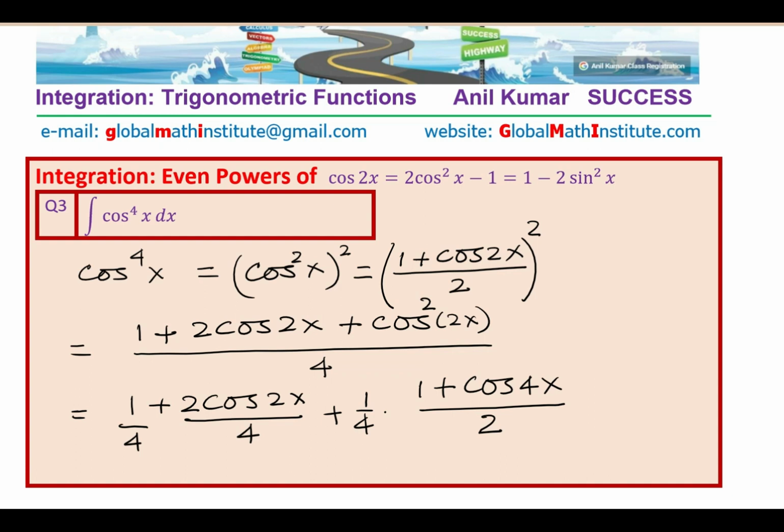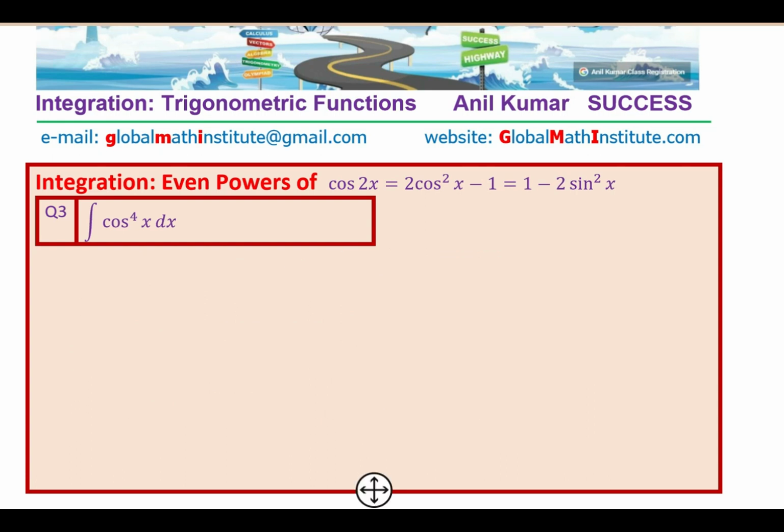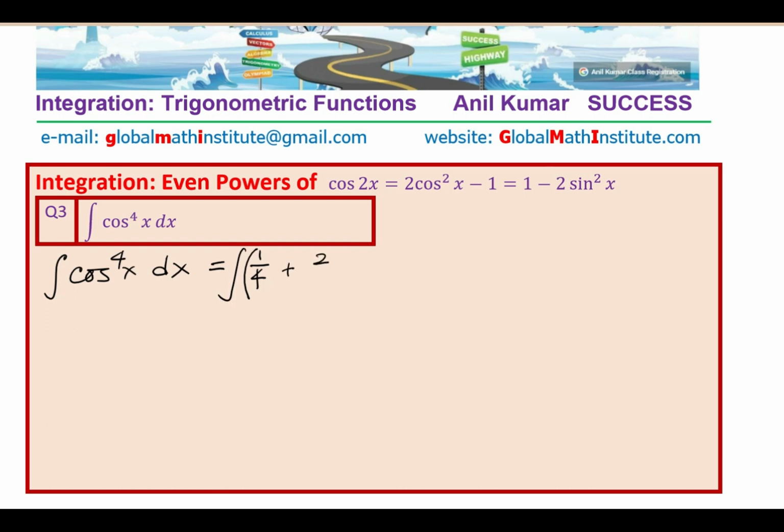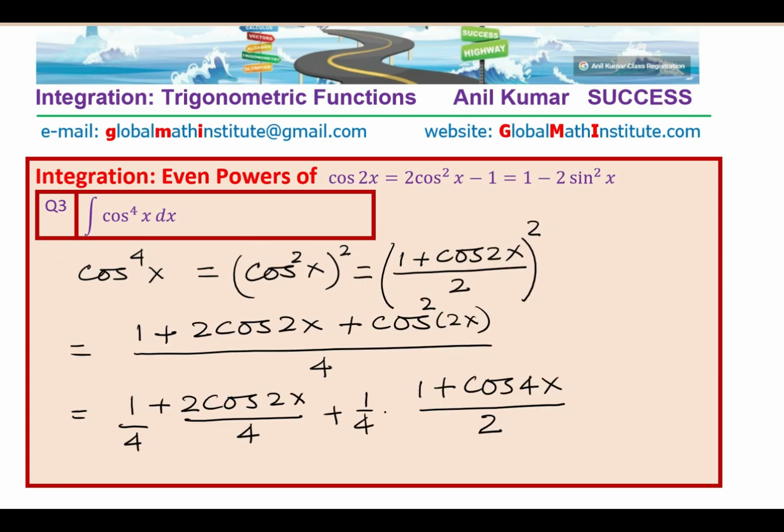So we'll just take it to the next page and then find the integral. So we have here the integral of cos⁴x dx as equal to the integral of 1/4 plus 2 cos 2x, we could simplify that, plus 1/8, right?